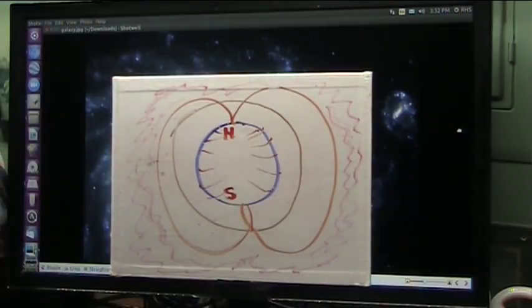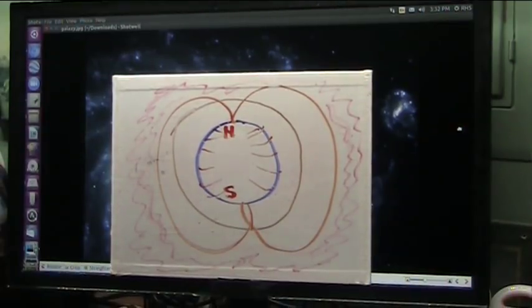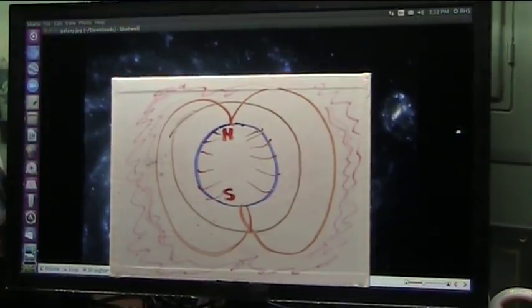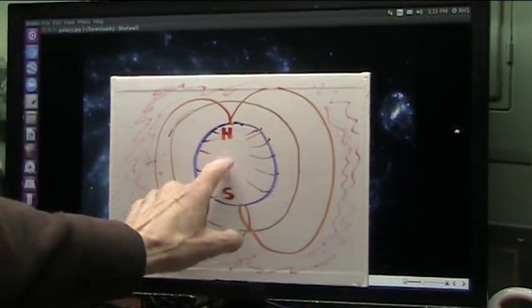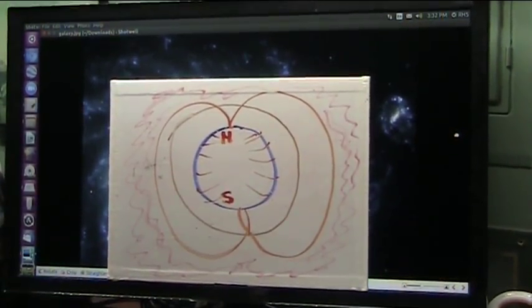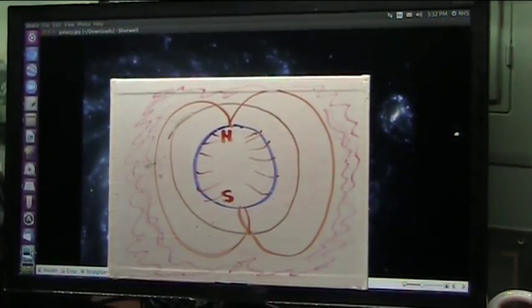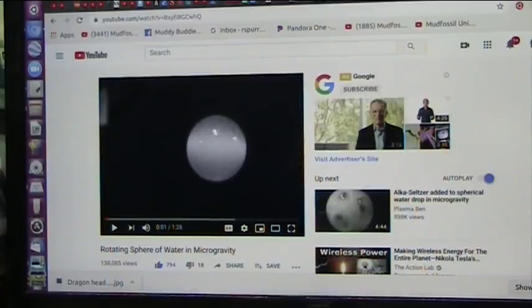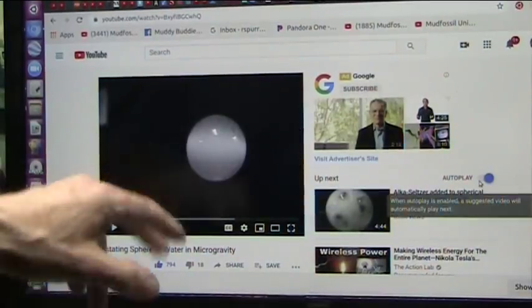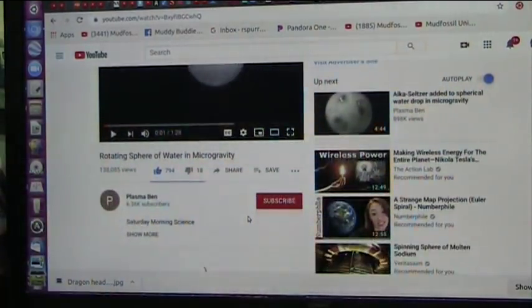Now, let's look at the outer space water spinning and what it means for hollow Earth. Admiral Byrd said it was hollow. He said he was inside the Earth. I don't think he's a liar. Okay. He's going to rotate this water in microgravity.